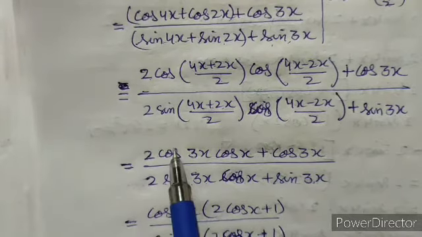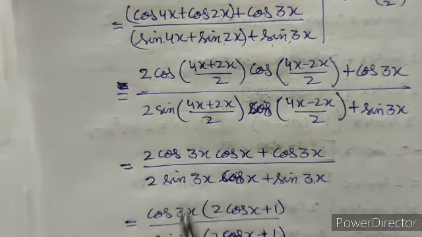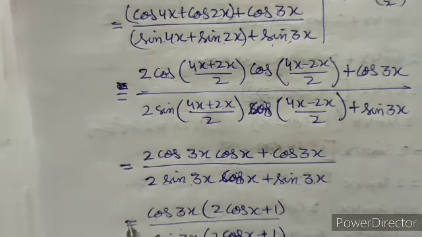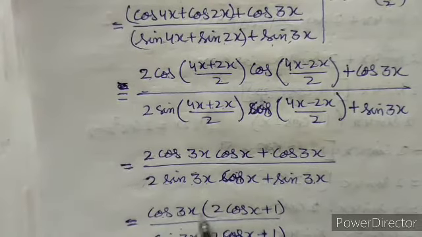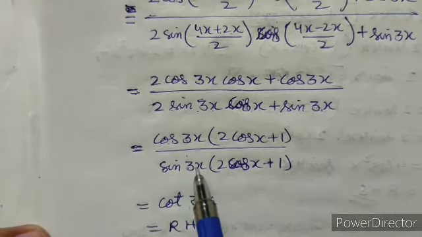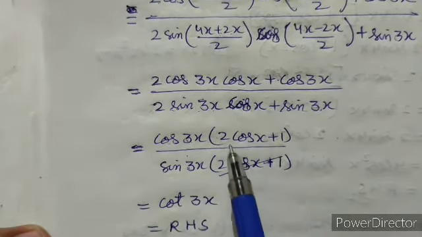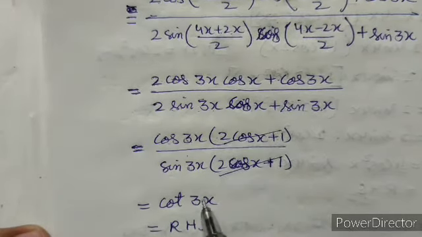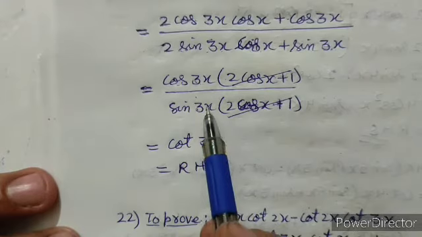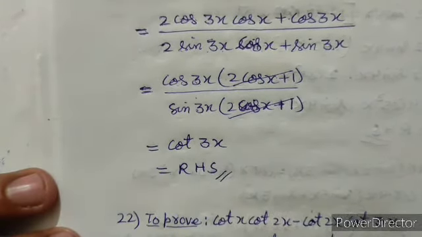Now in numerator we can take cos 3x as common, and in denominator we can take sin 3x as common. So this is giving us cos 3x into (2 cos x plus 1) upon sin 3x into (2 cos x plus 1). Now 2 cos x plus 1 will cancel out to give us cos 3x upon sin 3x, which will be equal to cot 3x, and that was our right hand side.